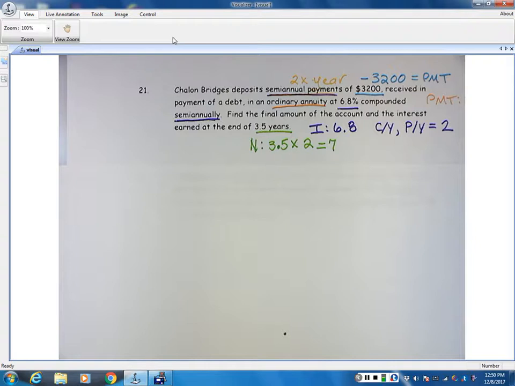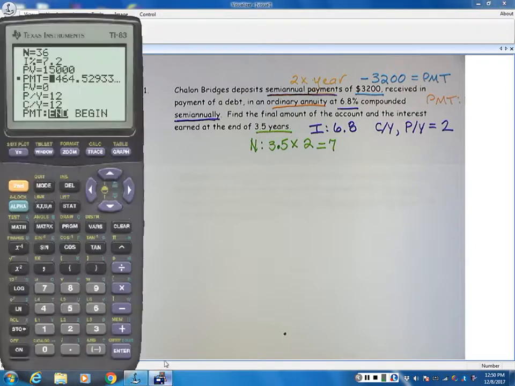So we'll go to the TVM solver again. And 3.5 times 2 will give us the 7. The interest rate is 6.8%.